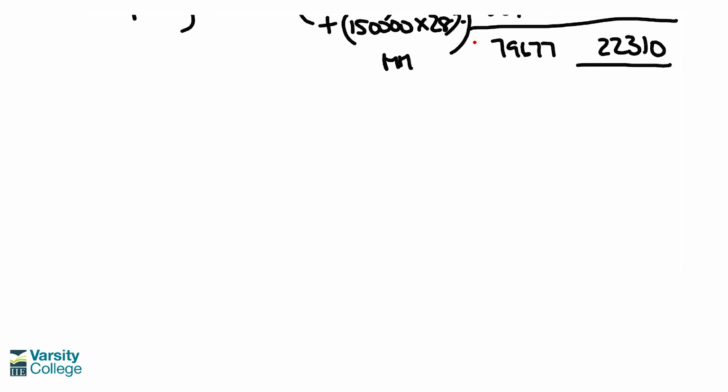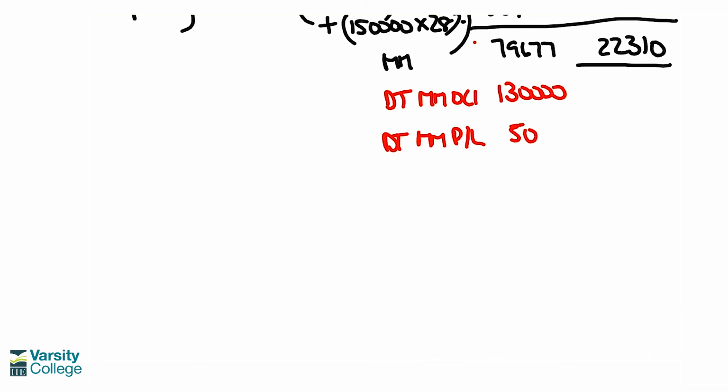So what I'm basically now saying is the DT movement to OCI is 130,000, and therefore the DT movement to P&L is 50,323, and that's a DTA, in other words, a deductible temporary difference, 50,323. And now you can actually go and finish your current tax calculation.